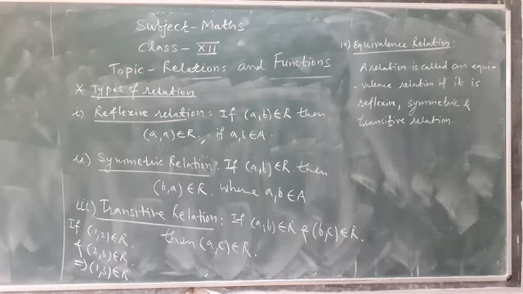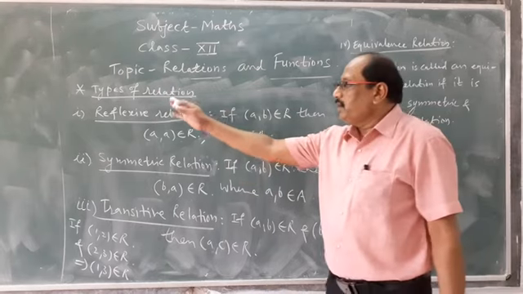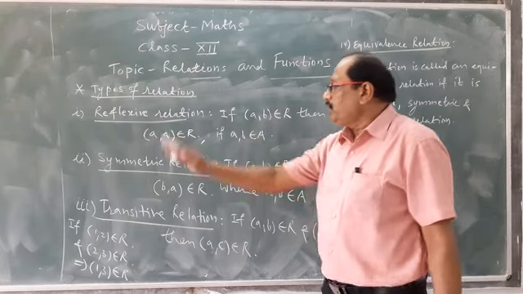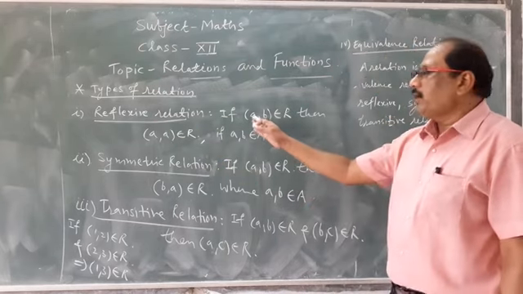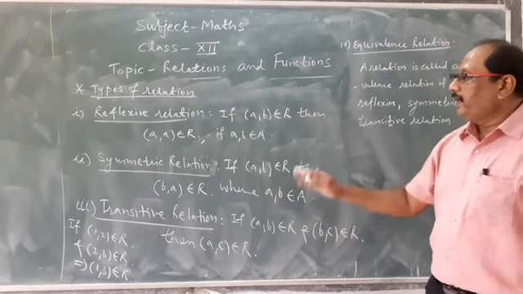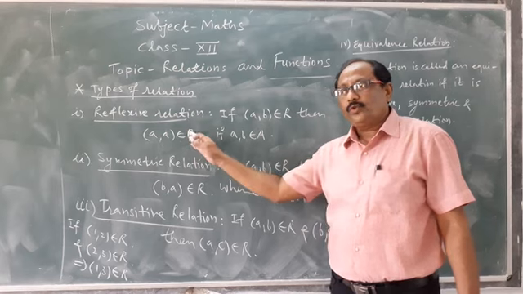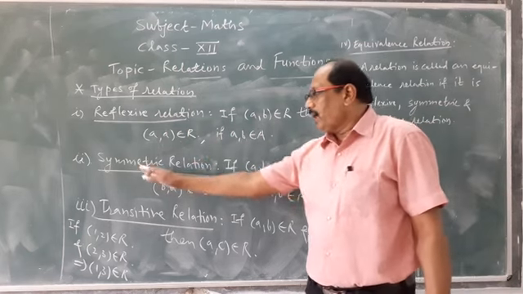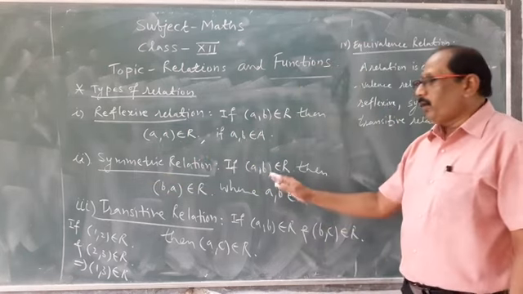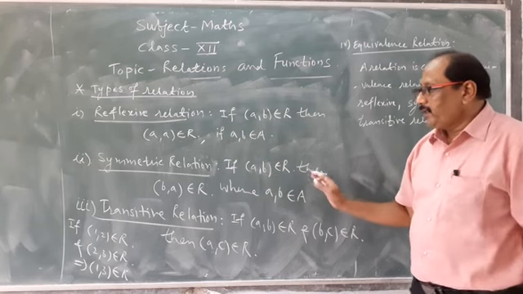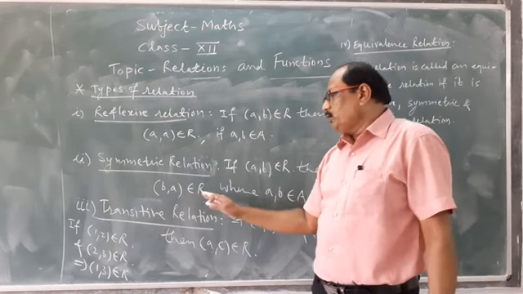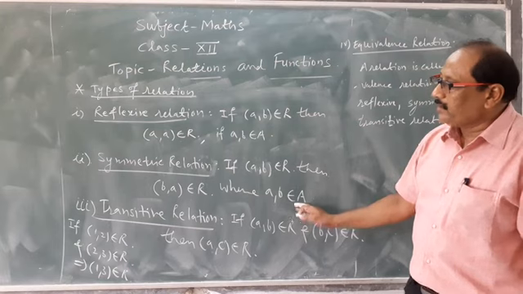You note down this one. 3 types. Reflexive relation means what? If ordered pair (a, b) belongs to R, then ordered pair (a, a) should belong to R. Symmetric relation means what? If ordered pair (a, b) belongs to R, then ordered pair (b, a) should belong to R. Then the relation is symmetric.